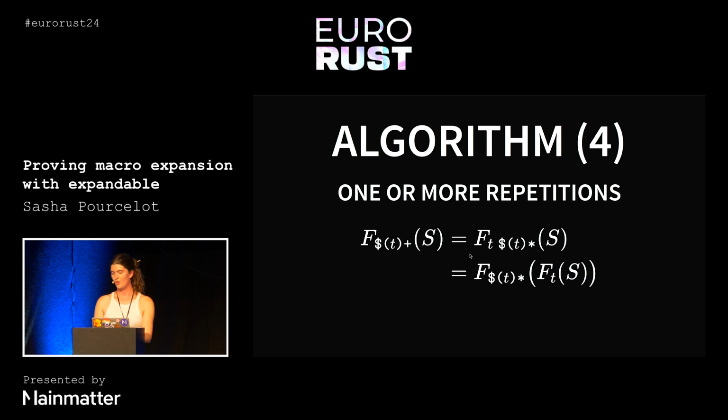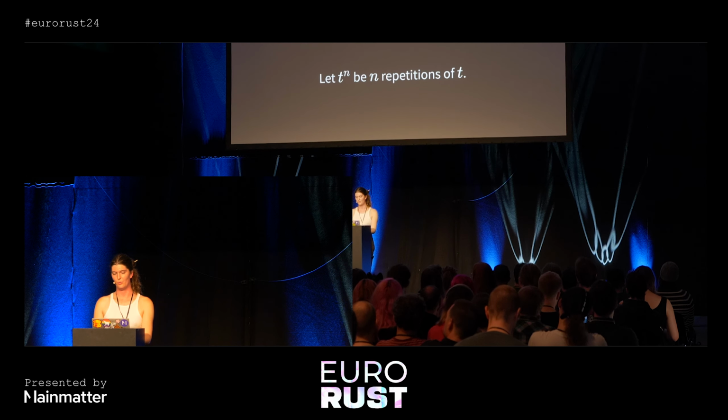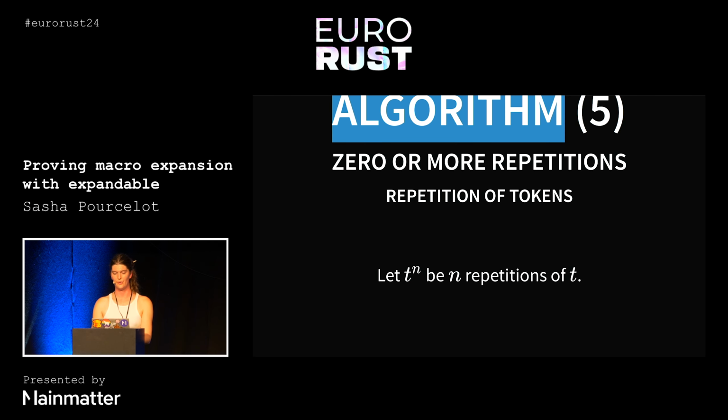Here we are leveraging the idea that parsing something 1 or more times means parsing it once, then parsing it 0 or more times. And then we are using the composition rule in order to get a definition of what happens when we are parsing 1 or more repetitions that is built on what happens when we are parsing 0 or more repetitions.